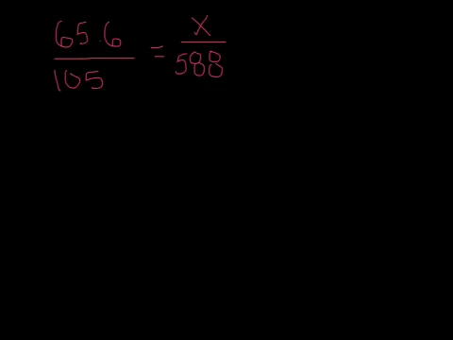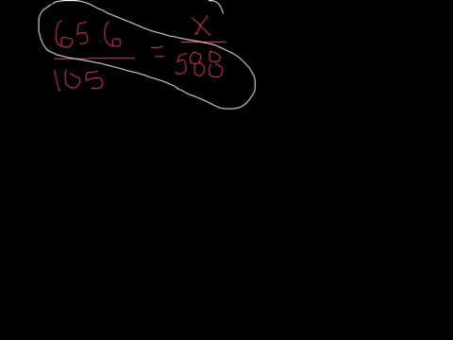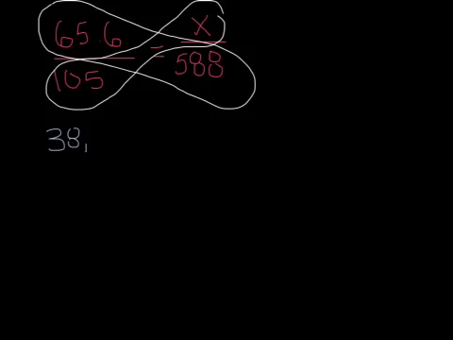The way we solve for X is cross-multiplying. So by multiplying 65.6 times 588, we get 38,572.8 equals 105x.